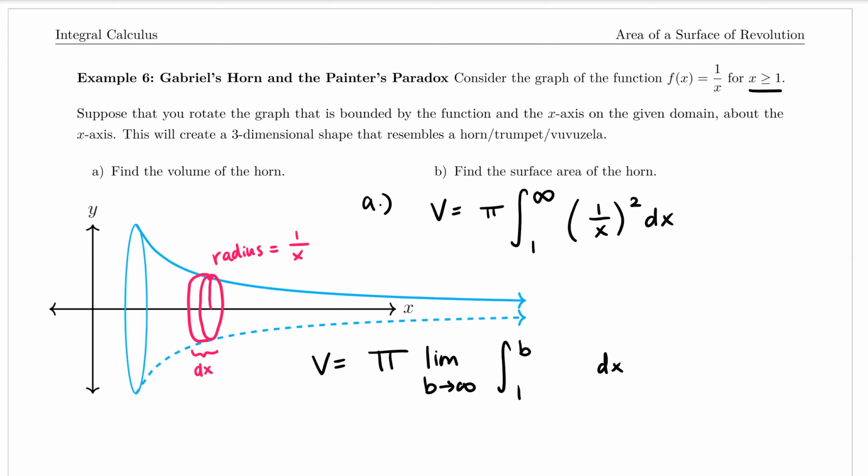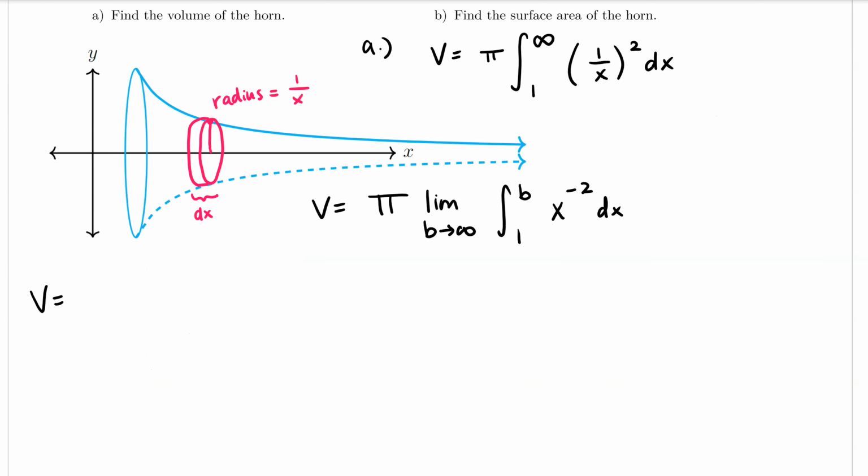And I'm going to rewrite this as x to the negative 2 power so that it's easier for us to use the power rule. So we have the volume equals pi times the limit as b approaches infinity of our antiderivative. We increase the power by 1 and divide by that new power, which will give us negative 1 over x.